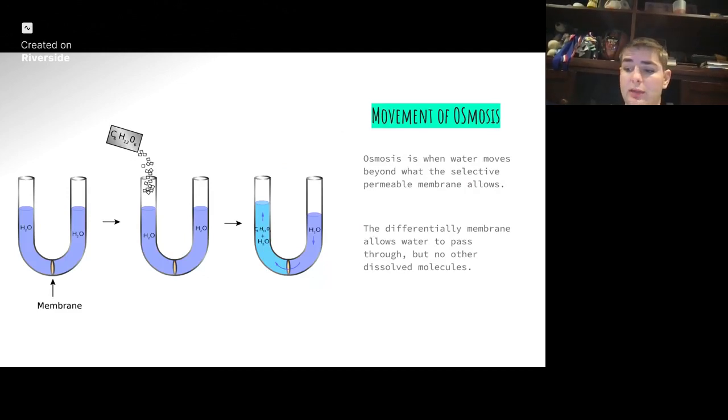Now we can look at osmosis. Osmosis is when water moves across the selectively permeable membrane. The differential membrane allows water to pass through, but not other dissolved molecules.